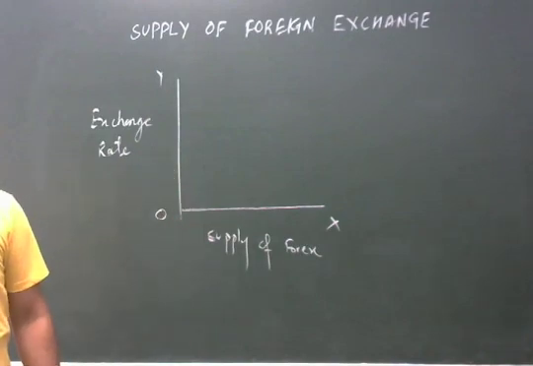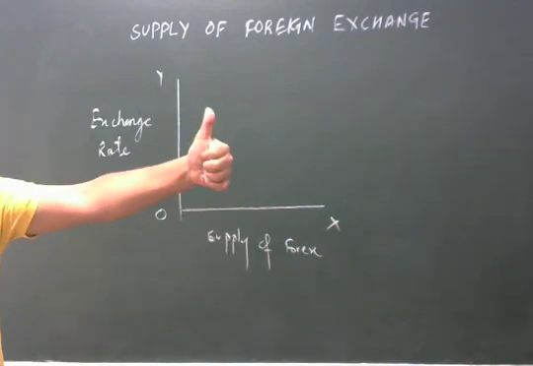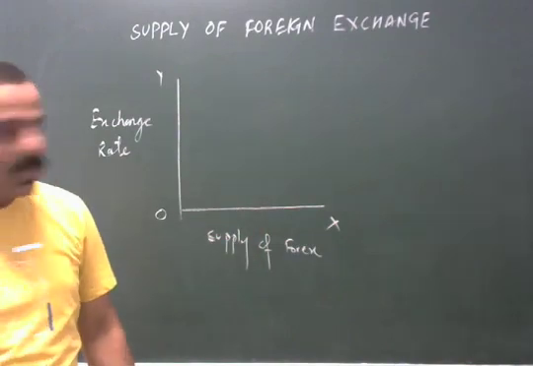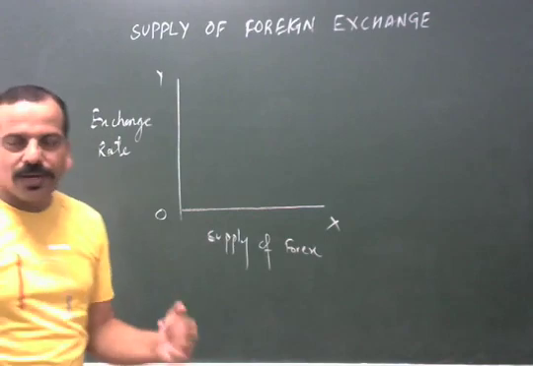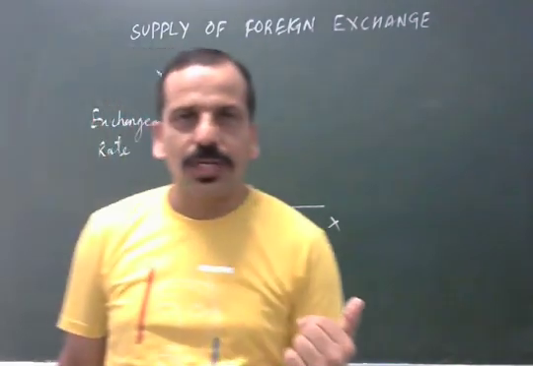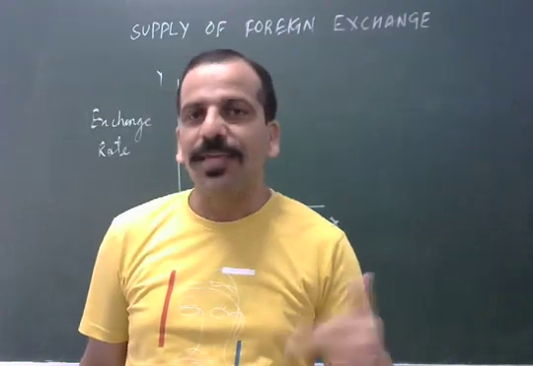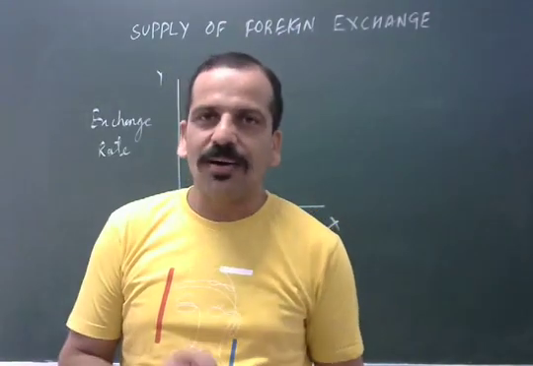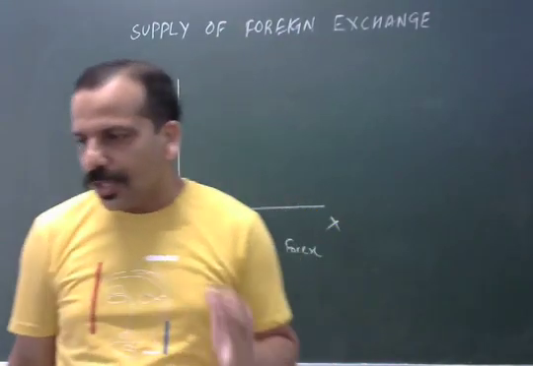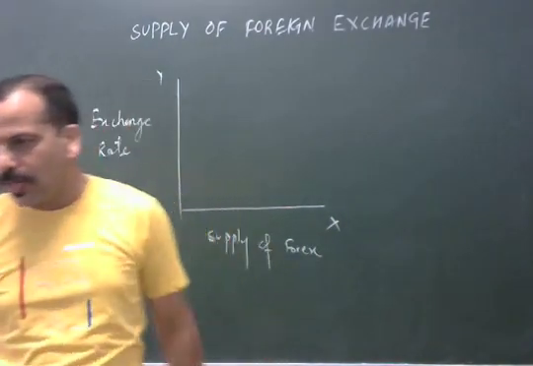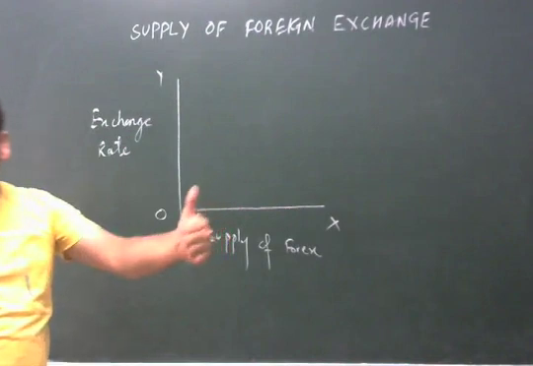Alma, positive, good. Sanket, yes, you are right. When there is a positive relationship between both variables, it means the supply curve will be, in this case, upward or downward? Alma, Utkarsh, Mona, correct.